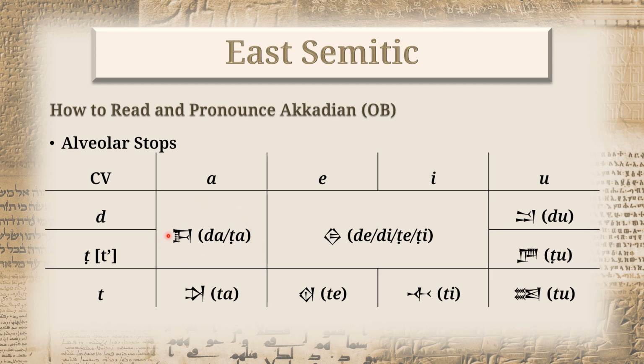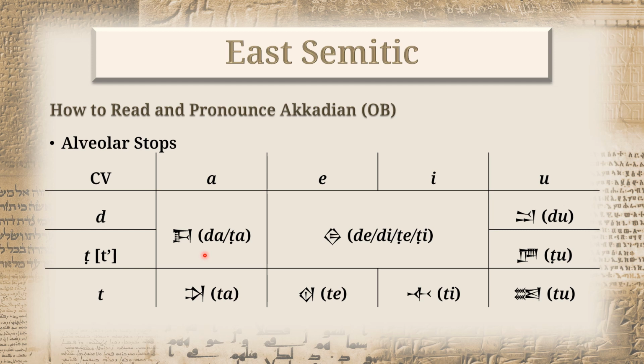Hence, this sign could be pronounced da or ta, so it was used for both, for the voiced and the ejective, because apparently the inventory of signs was very limited.